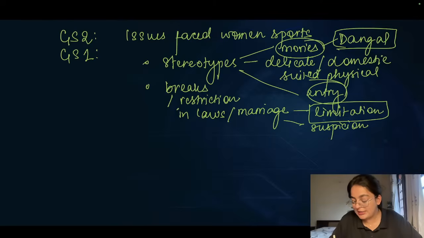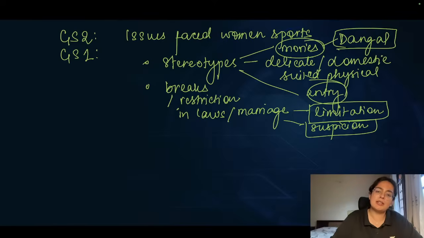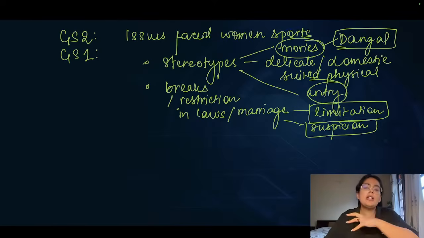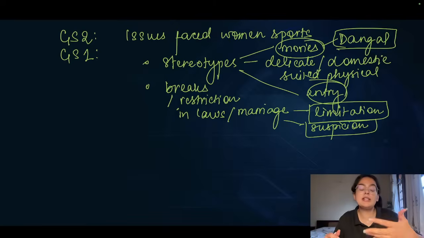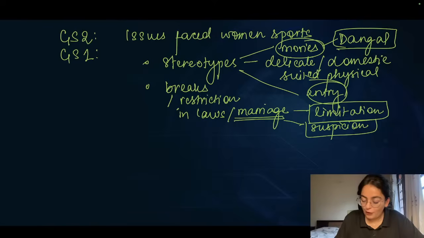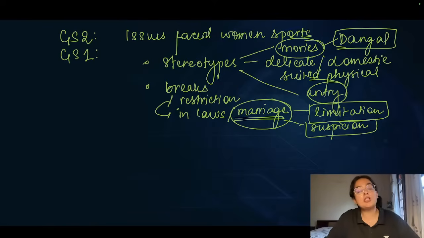For example, the sex ratio in these training academies is often disputed or distorted towards excessive male presence. A lot of trainers, in fact, are also men. This also makes it problematic for married women, where there are restrictions by in-laws, sometimes suspicion by the husband, etc. So this also creates a limitation in that space.